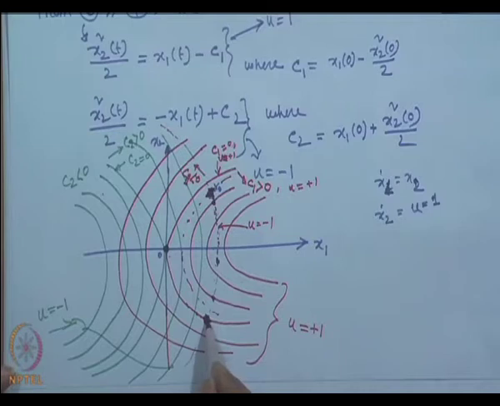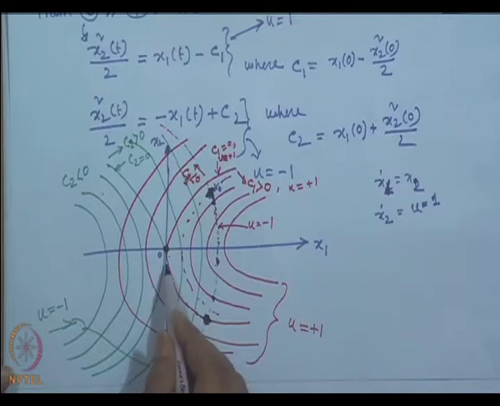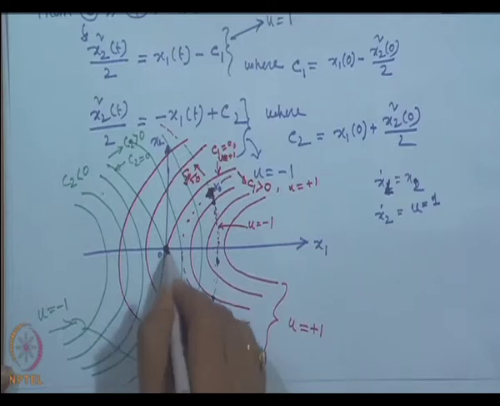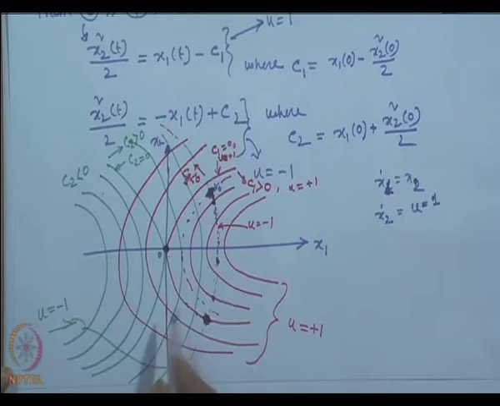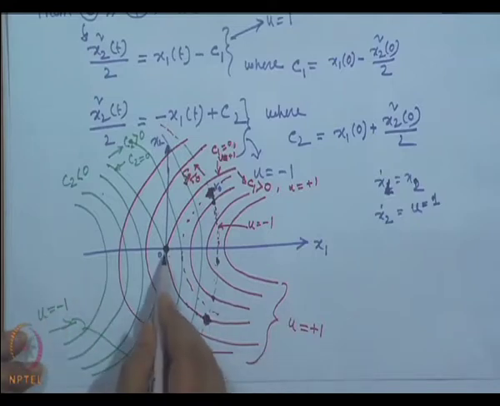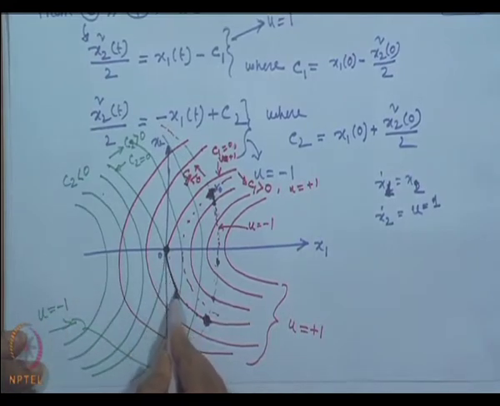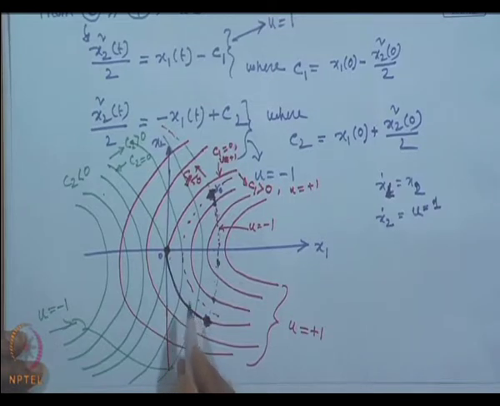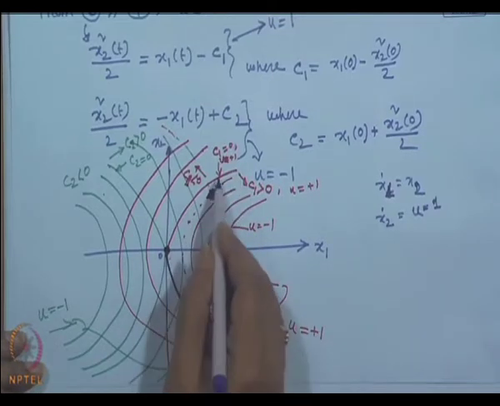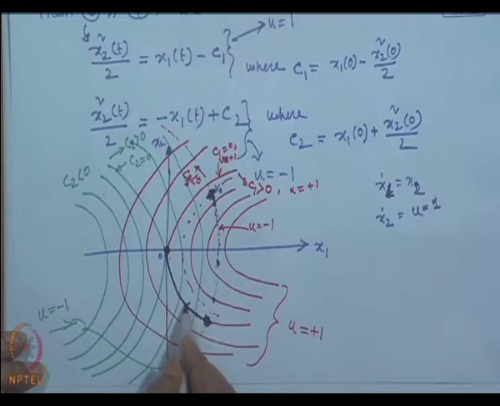So if it hits here, then along this path u is equal to minus 1, and x2 is always negative, meaning x1 is decreasing and approaching 0. So our switching trajectory is that one, when C1 is equal to 0. This is our switching trajectory.